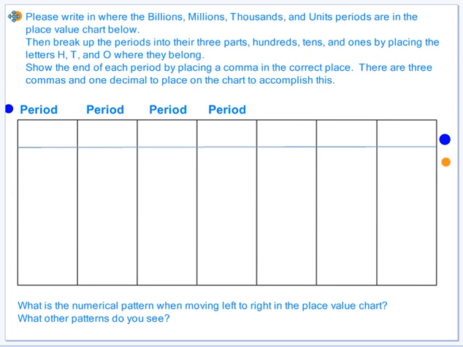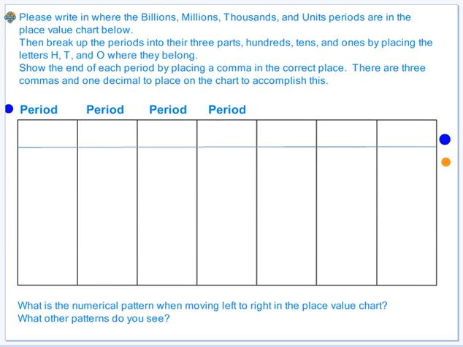These are the elements that I need you to put onto your place value chart. I need you to put the 4 periods that we're now talking about in 5th grade: the units, the thousands pretty well. You were introduced to the millions period last year, and then this year, you're getting introduced to the billions place.